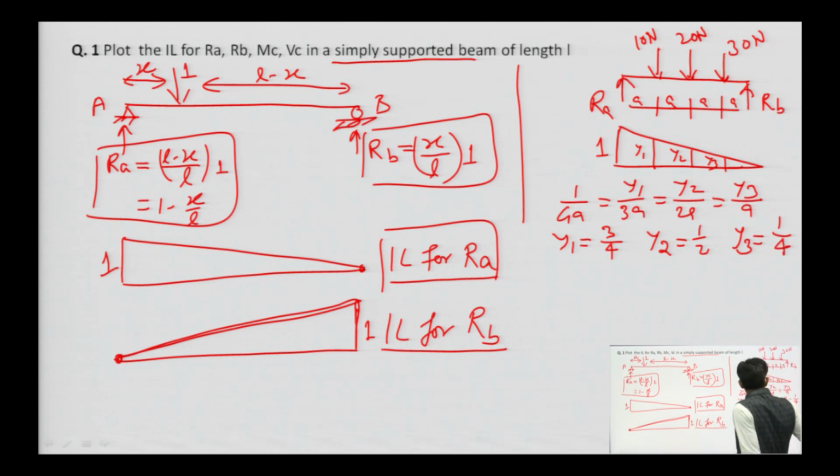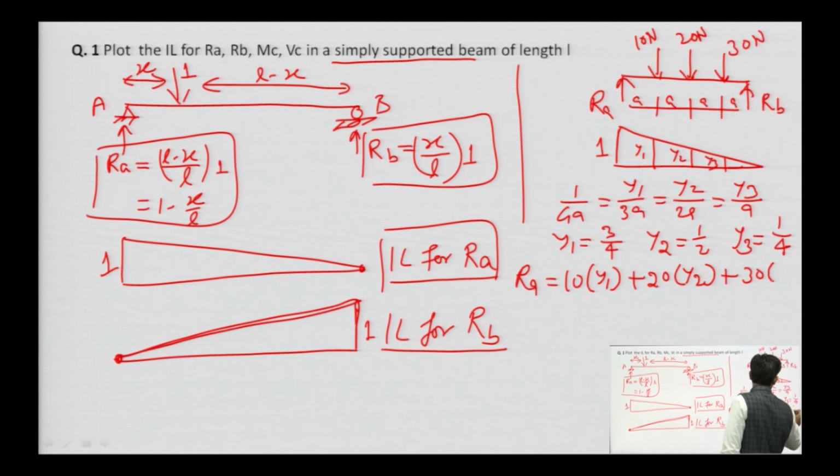So, the value of RA can now be calculated with those ordinates. What will be the value of RA? Value of RA will be 10 multiplied by y1, plus 20 multiplied by y2, plus 30 multiplied by y3. Here y1, y2, y3 we have calculated.